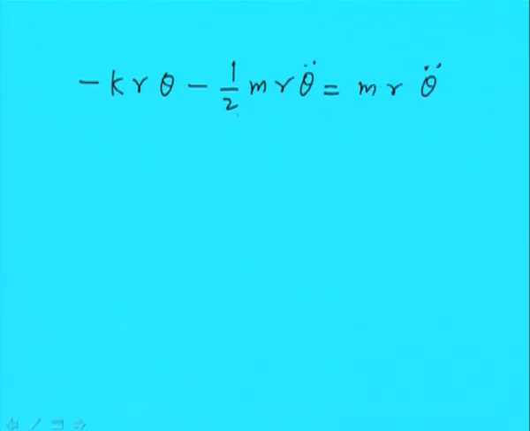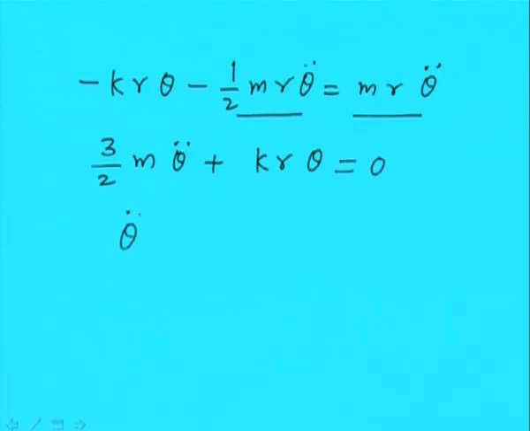So these two quantities can be combined, and that will give us this 3 by 2 m into theta double dot plus k r theta is equal to 0, and this can be written as k r. R is not here because it is common throughout, it will get cancelled.